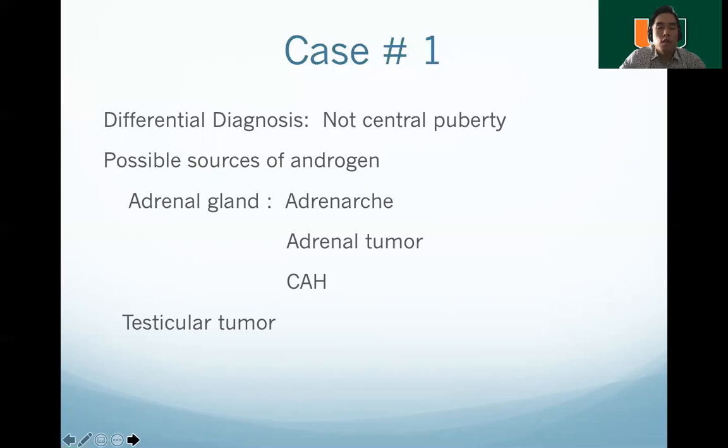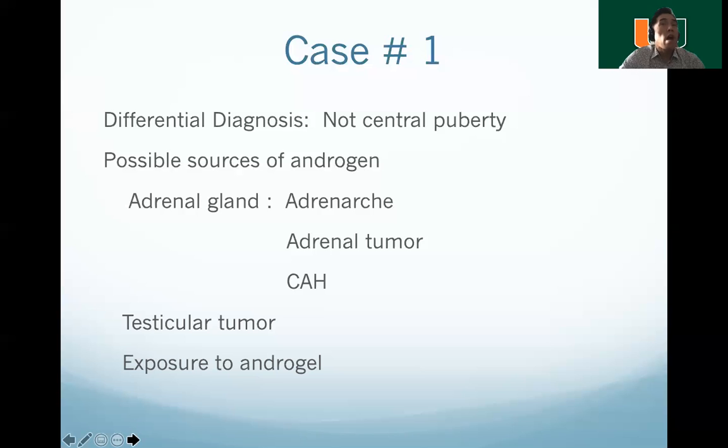Or it could be a testicular tumor, which is also unlikely because you don't feel any mass in the testes, and testes size is pretty normal. Or an exposure to AndroGel, right? Because right now there are many people using AndroGel. This patient could be exposed to it.